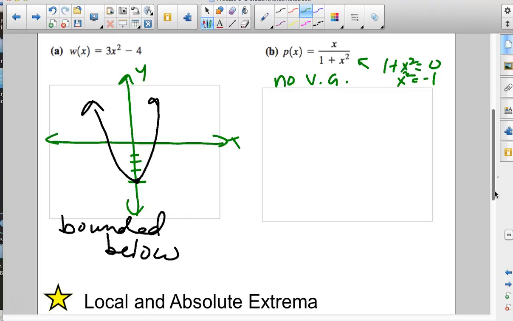Okay, horizontal asymptotes. What's that one? Spitting in the ocean, right? Not going to matter. You'd cancel 1, right?